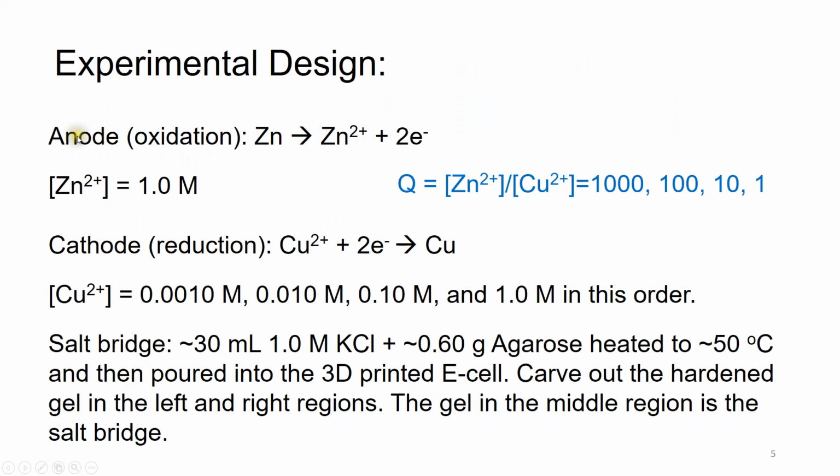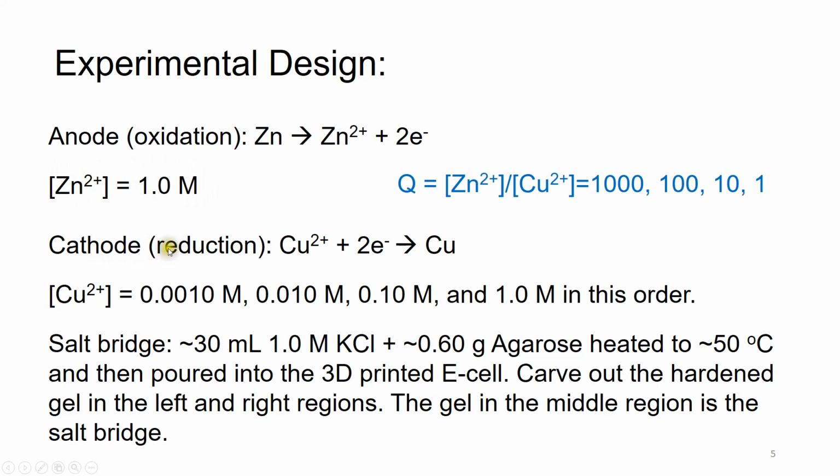Again, at the anode, the oxidation reaction takes place. Zinc becomes zinc 2 plus and 2 electrons. The oxidation number of zinc increases from 0 to 2. Therefore, it's oxidation. In this experiment, we will use a constant concentration of zinc 2 plus. It's going to be just 1.0 molar.